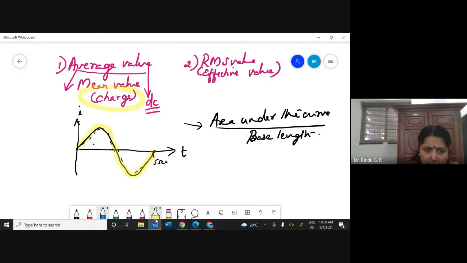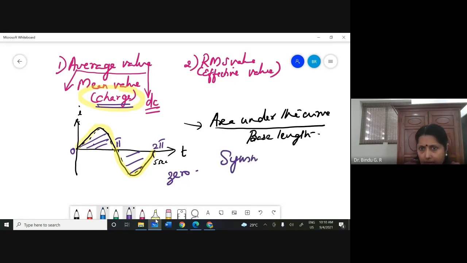So whatever has been transferred from 0 to pi in the positive direction is being taken away in the negative direction, which means if I find the average value here, I would get 0. The mean value will be 0.